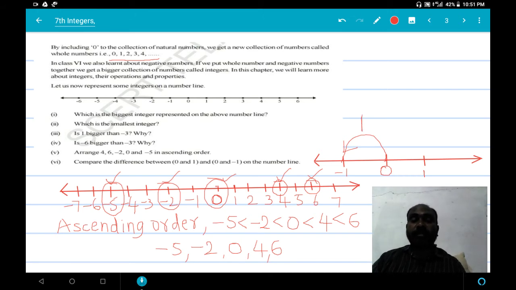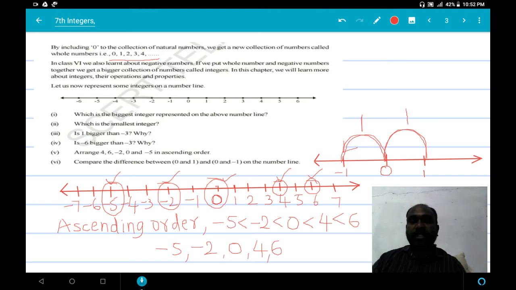As it is, from 0, 1 also one step, but right side. Difference between them, here move right side one step, here left side one step. That is the difference only.